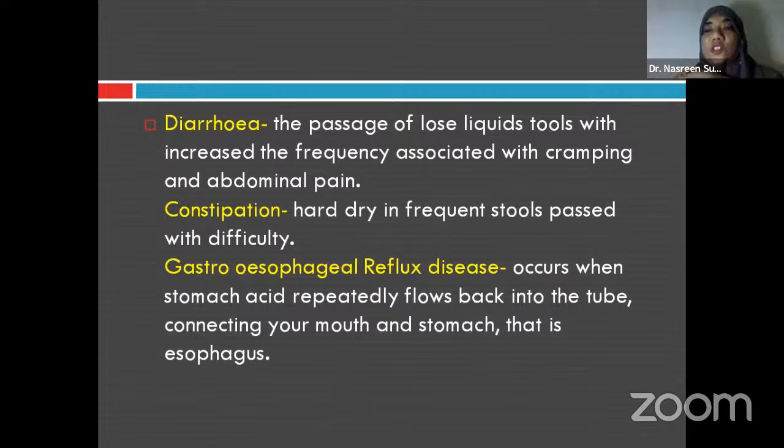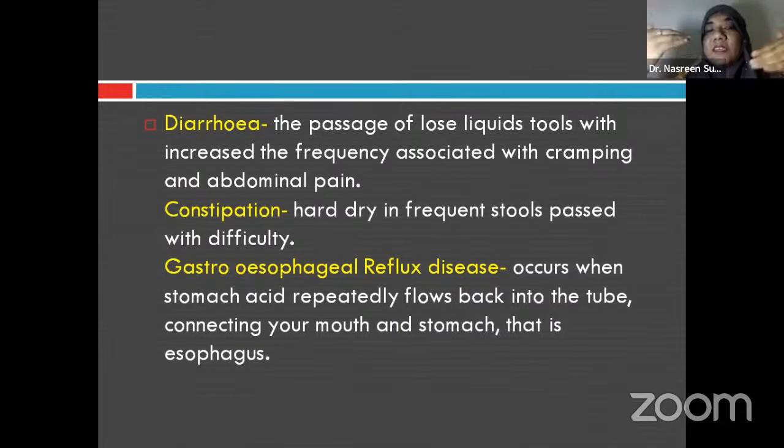Next, you are having gastroesophageal reflux disease. It is occurring because the acid in the stomach takes a back way. It is going to the esophagus, and see, our stomach is having a special structure, that is the mucosa is present in the stomach, which is going to protect the lining of the stomach from HCl.